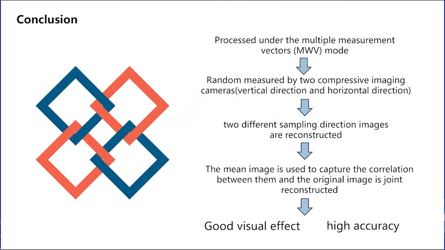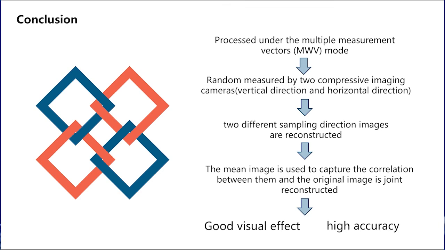A novel compressed sensing joint image reconstruction method based on multiple measurement vectors is put forward in this paper. We assume that the original image is processed under the multiple measurement vectors mode and randomly measured by two compressive image cameras in the vertical and horizontal directions.